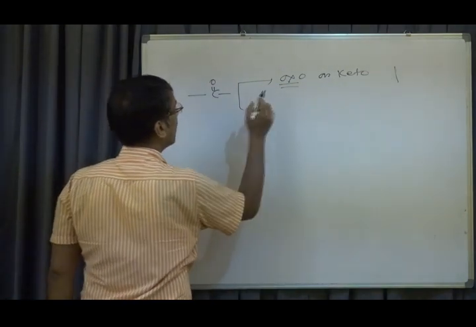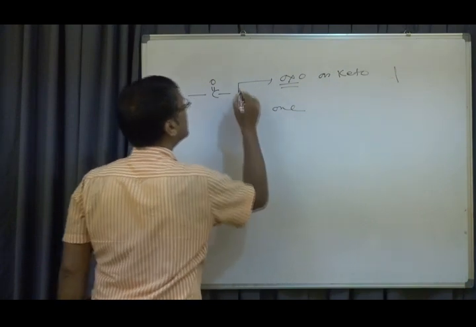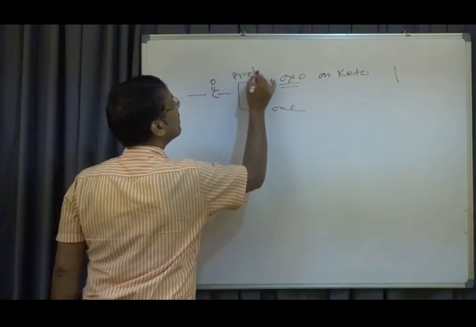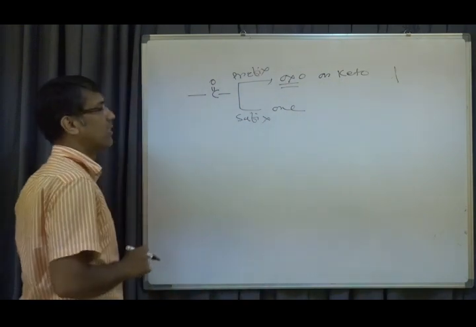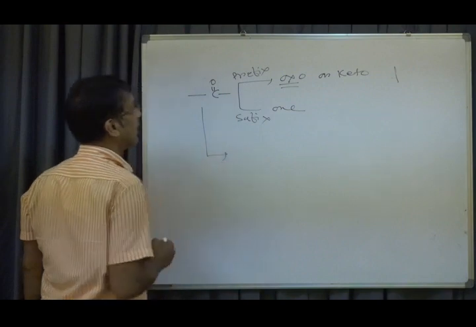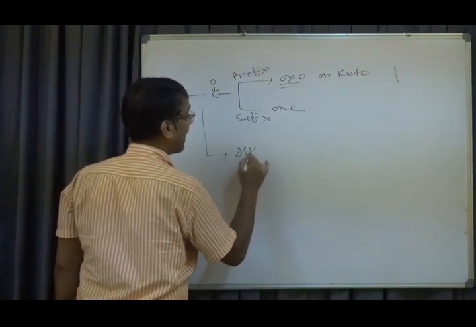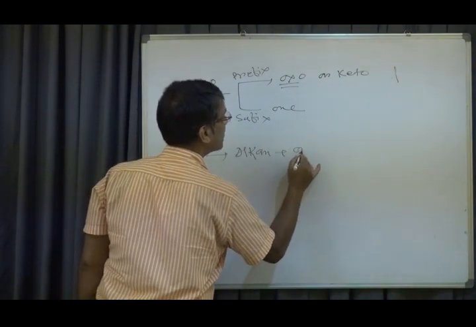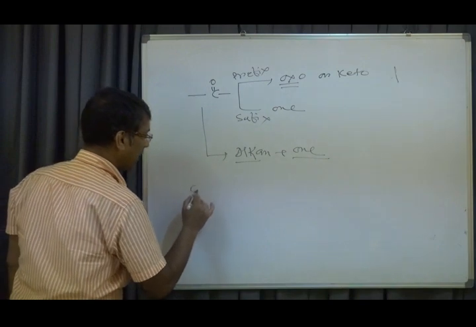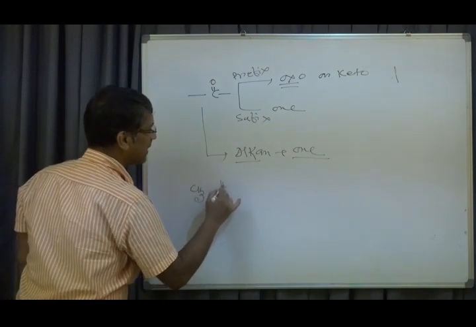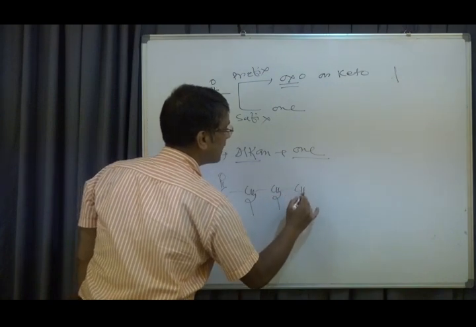Oxo or keto, and it is on. Suffix is on. Prefix and suffix on. And naming will be done by alkane plus one, such as CH3, CO, CH2, CH2, CH3.